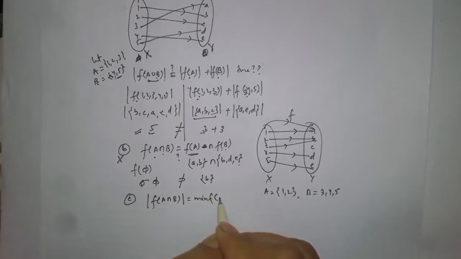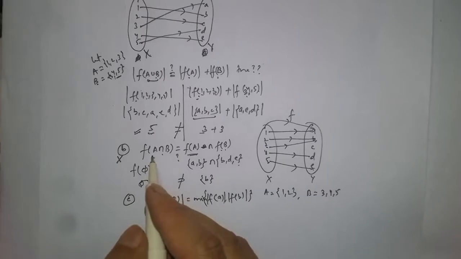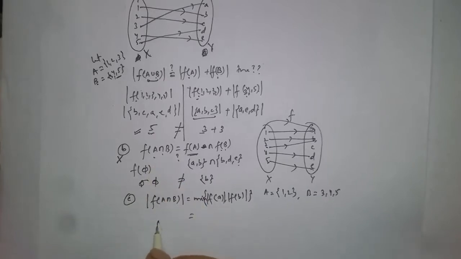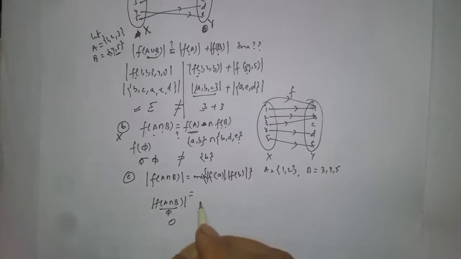the minimum of |f(A)|, |f(B)|. In the previous example, f(A ∩ B) is phi, so the cardinality of phi is 0.